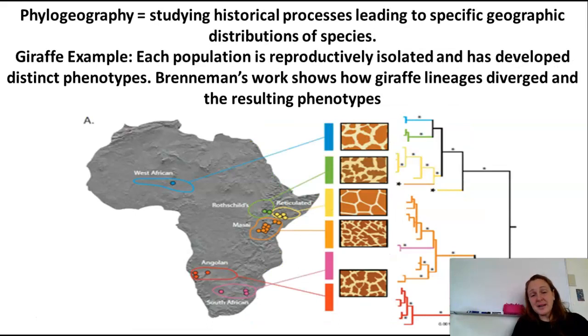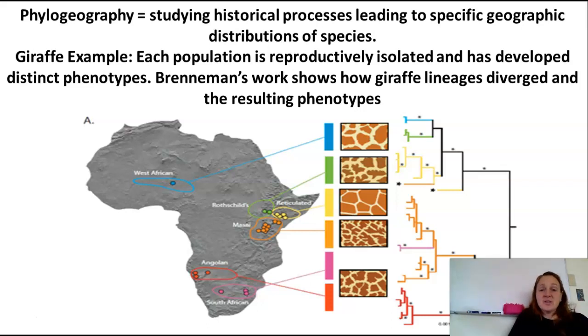So our last big concept that we're going to cover with this chapter is phylogeography. And this is super exciting because essentially what we're doing is we're taking phylogenetic trees, which you know is based on morphology and DNA comparison and RNA and protein comparison. We're taking those phylogenetic trees and we're mapping them onto the geographic location.